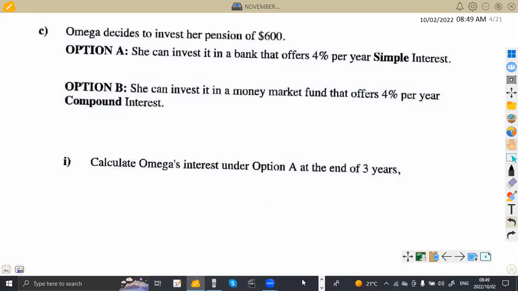So this is what we are given, guys. Option A is simple interest. Under simple interest, you use your formula directly, because you know that interest is equal to principal times rate times time over 100. The principal is the money invested. She wants to invest $600.